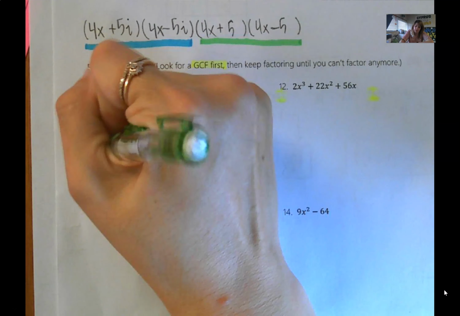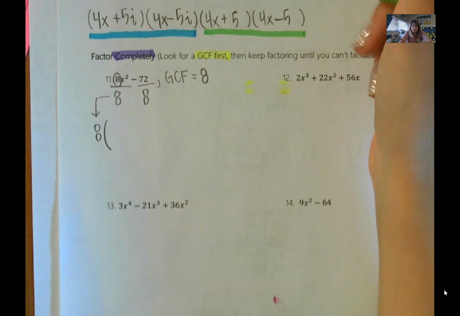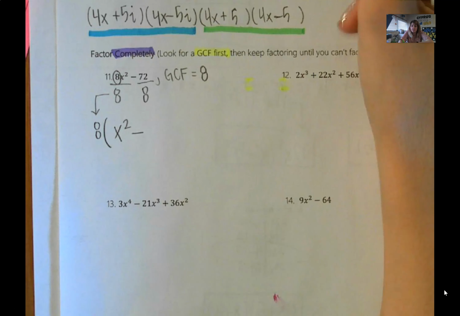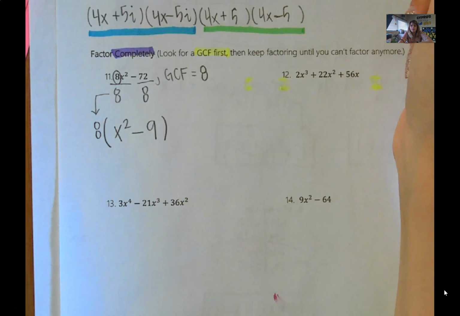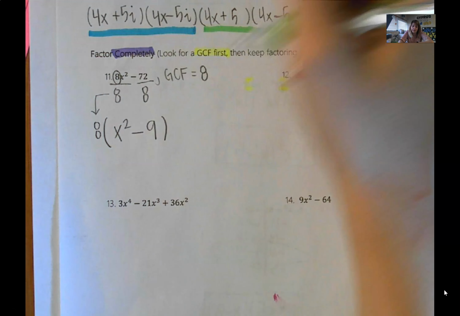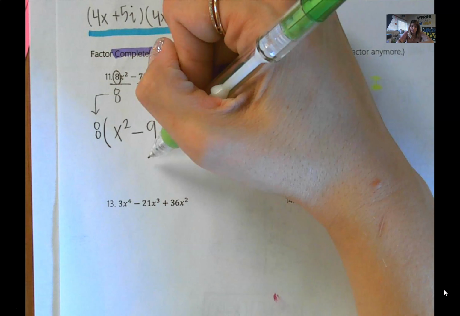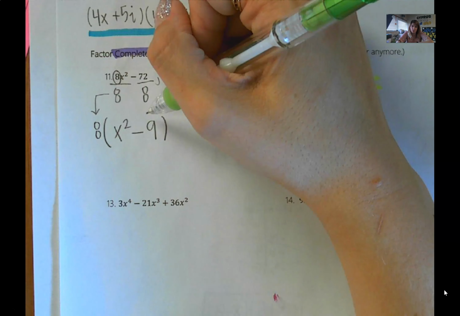This is going to give me 8 as my GCF, parenthesis, x squared minus 72 divided by 8 is 9. Then the next thing I do is say, okay, is this one where I list all the factors and add or subtract them, or is this a special binomial?